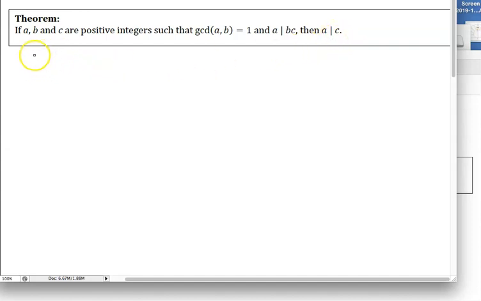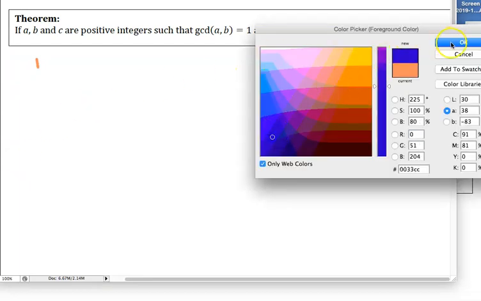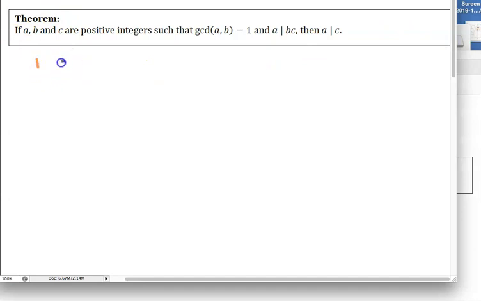Okay, so let's look at the proof here. If the GCD of a and b equals 1, by the last theorem with the Bezout coefficients, I know that I can write the GCD, 1, as a linear combination sa plus tb.